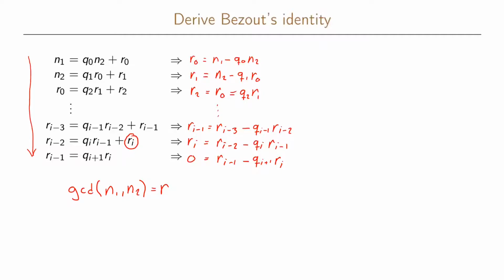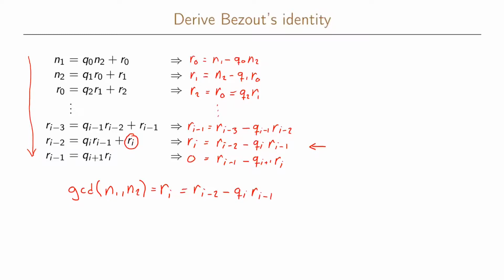equals ri. But what we can do now is go backwards through this algorithm and start with the second last row, and we can write ri equals r(i-2) minus qi r(i-1).